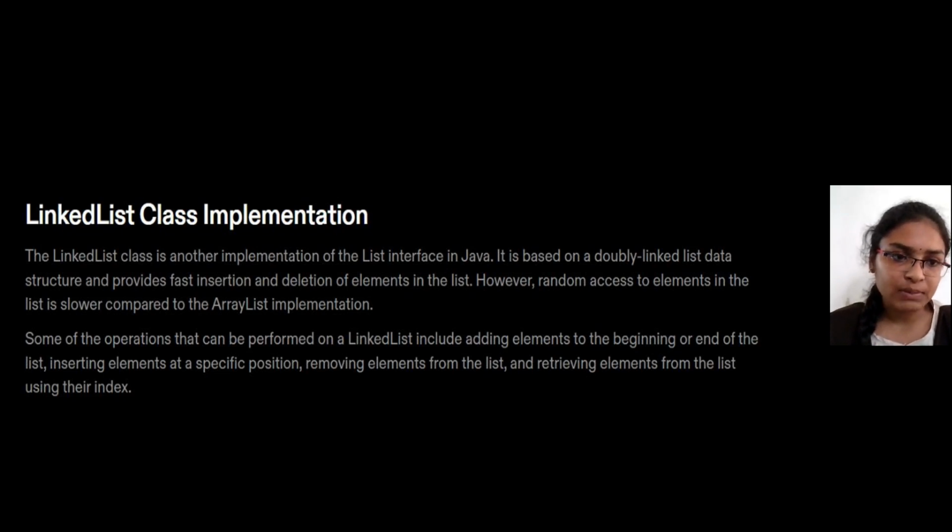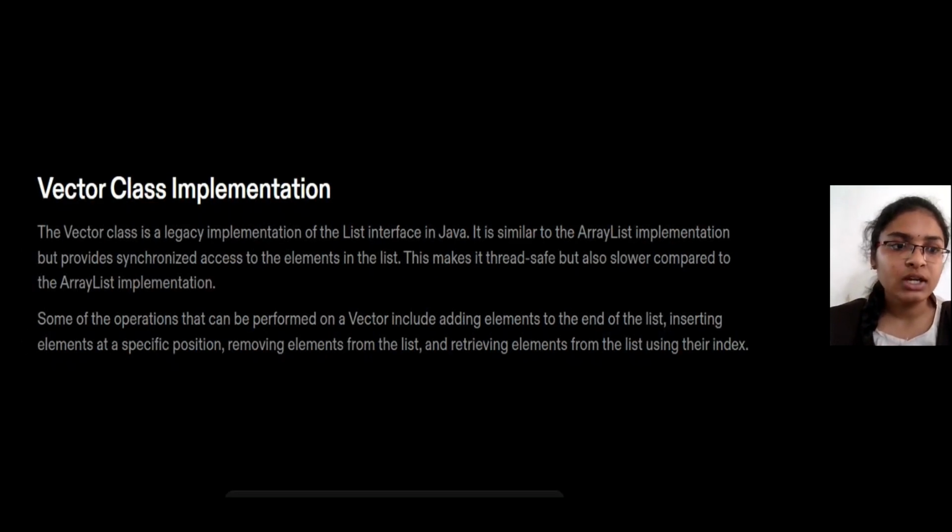Some of the operations that can be performed on a LinkedList include adding elements to the beginning or end of the list, inserting elements at a specific position, removing elements from the list, and retrieving elements from the list using their index. Now let us see the Vector class implementation.